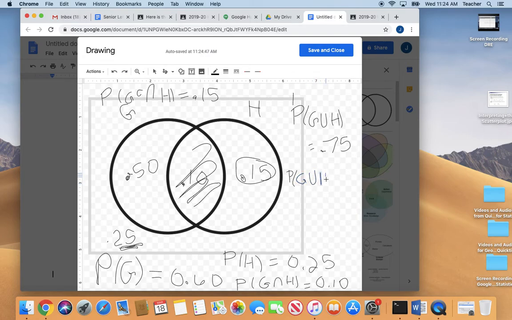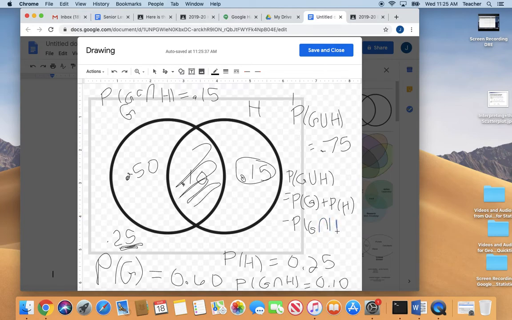But the probability of G or H equals the probability of G plus probability of H minus the probability that's in both, G and H. That way you only count it one time.